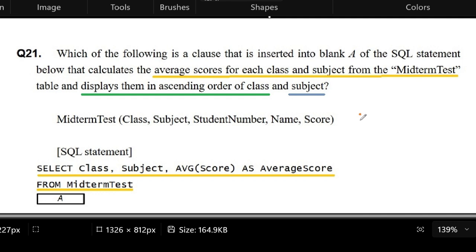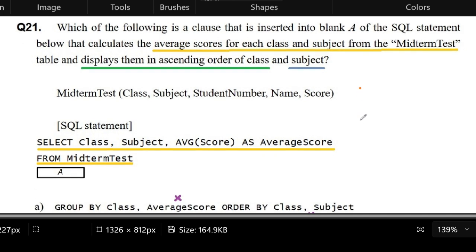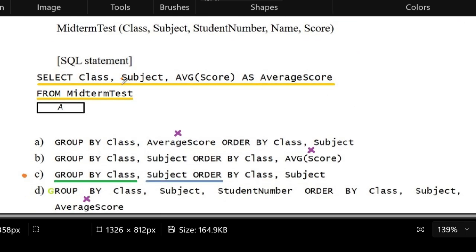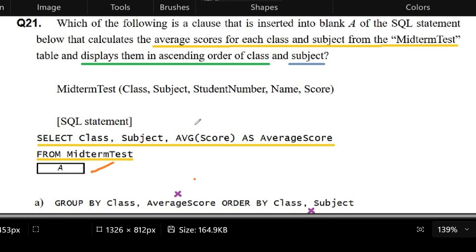Okay, if you look at the SQL statement, we already have class, subject, average score from midterm test, and we have blank A here. Again, what we need to know is which of the following would be inserted into blank A. It's supposed to calculate the average scores for each class and subject from the midterm test table.